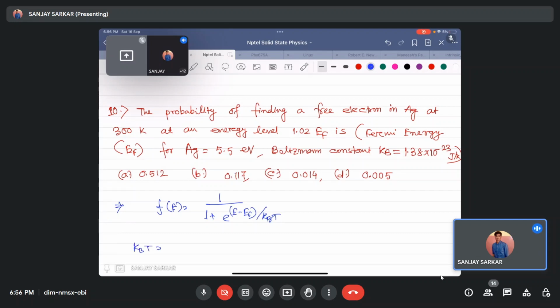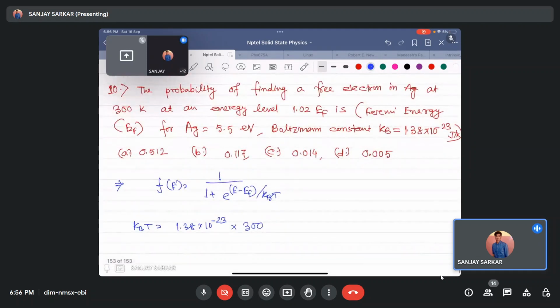Now kB is 1.38 into 10 to the power minus 23, and T is 300 Kelvin, and since the energy is also given in electron volt, you can convert this to electron volt. So you just divide this by 1.6 into 10 to the power minus 19. Then this kBT will be in electron volt, and this is 0.026 electron volt, I think.